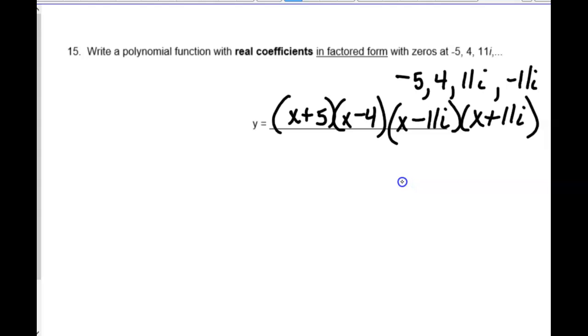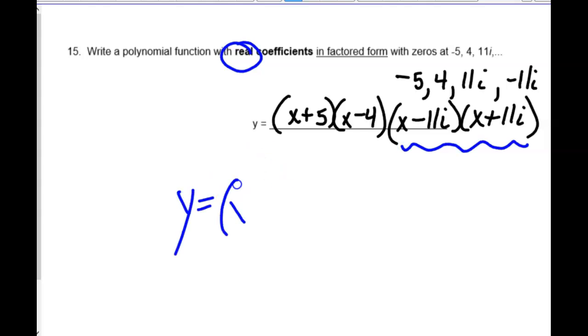Are we done? Because it says we have to have real coefficients. So we got to FOIL those two together. The rest of them, it says we can leave in factored form. What is that FOIL together to become?